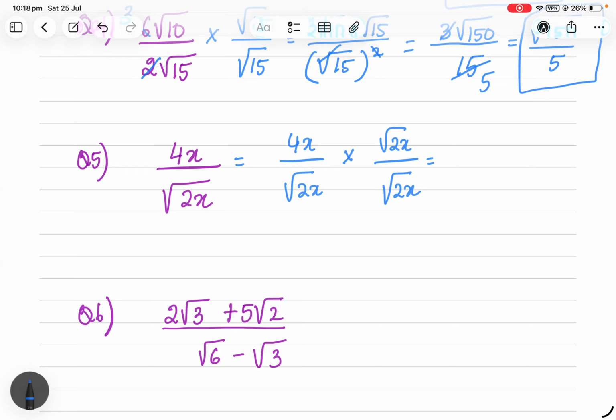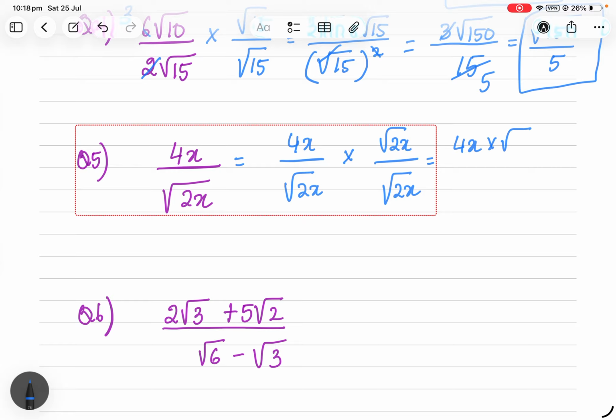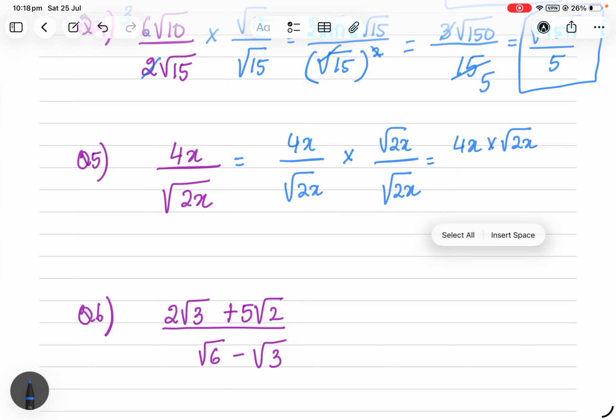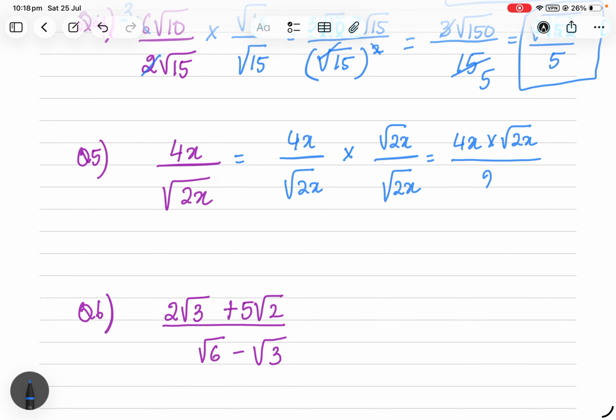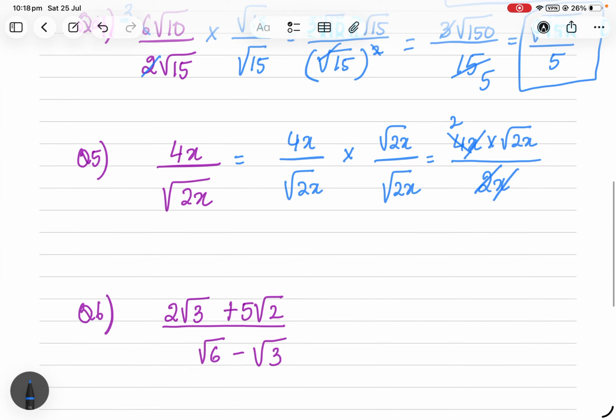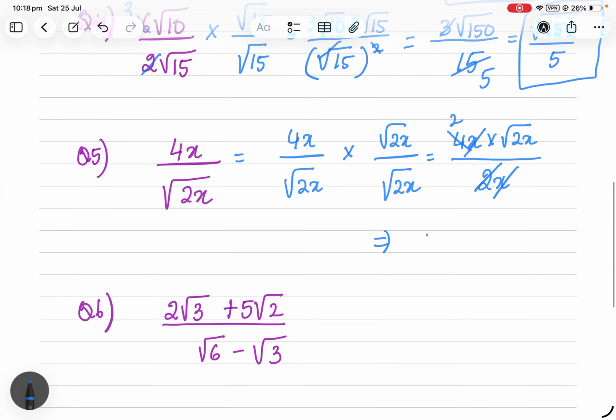So you will have 4x times square root of 2x in the numerator, divided by 2x, because the whole squares would cancel the square roots and you would just be left with 2x. So you have x and x cancelled, and 4 over 2 is 2. So your final answer here ends up being 2 square root of 2x.